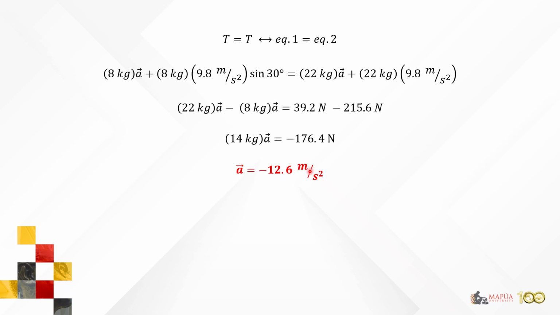Next, remember that we are asked to solve also for the tension. To solve for the tension, we can just use equation number 2 and substitute the value for a, and you should get an answer of negative 61.6 newtons. So hopefully that's clear.